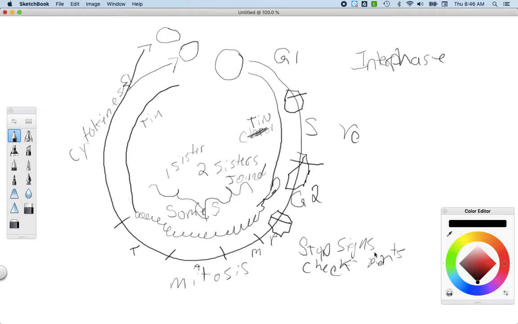And those checkpoints are places where the cell stops what it's doing and decides whether it's safe to go forward or not.